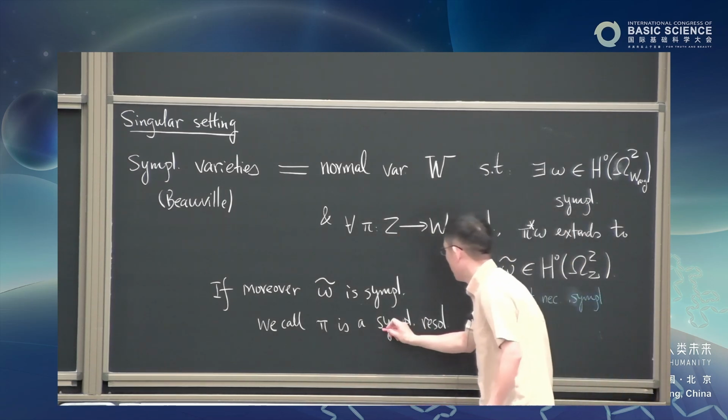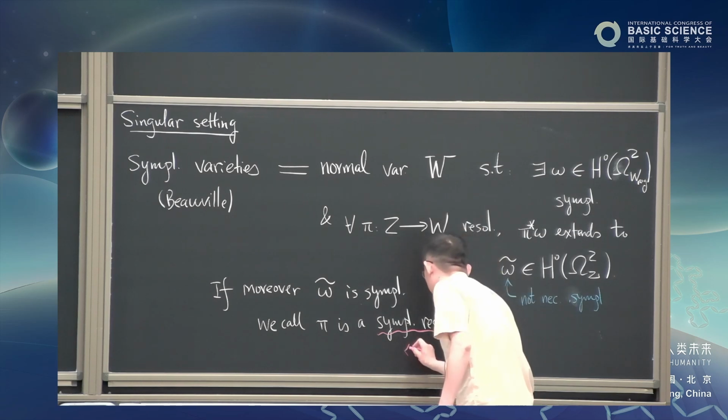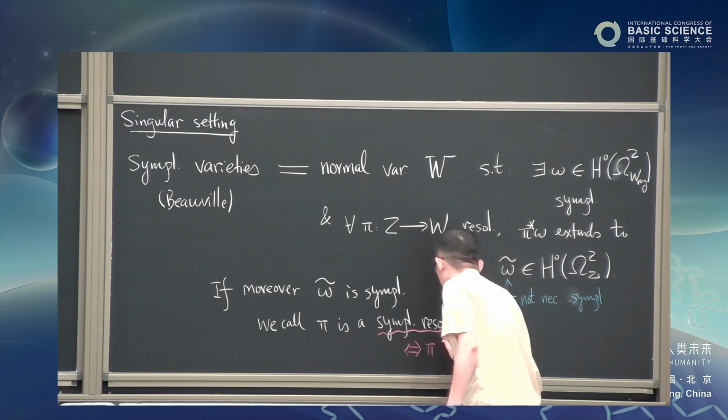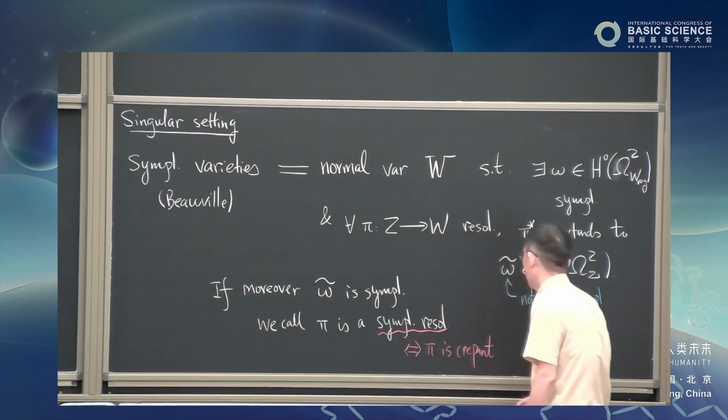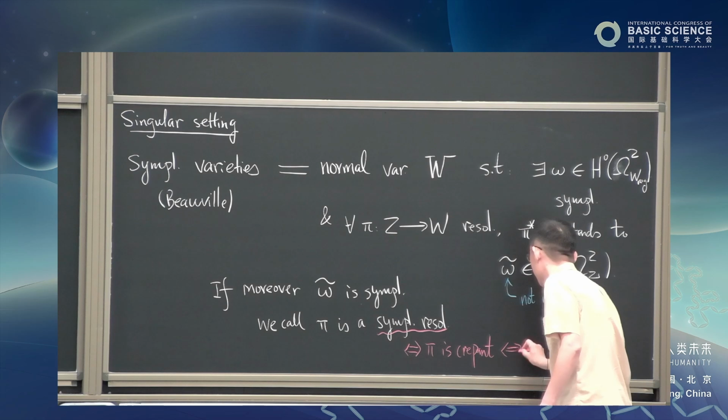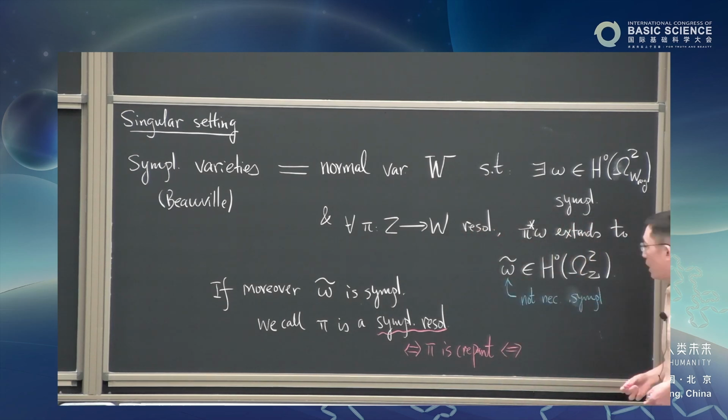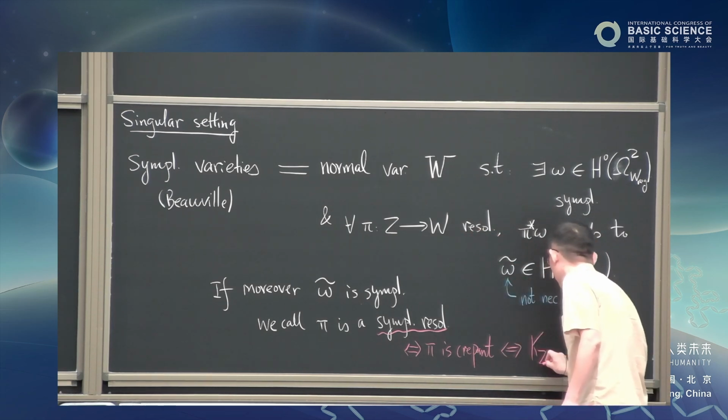In fact, it's easier to say this is equivalent to saying pi is crepant. And also equivalent to saying this resolution Z is in fact Calabi-Yau, or just K_Z is trivial.